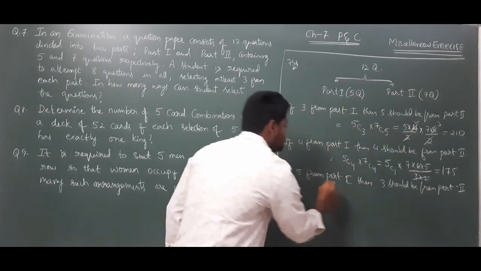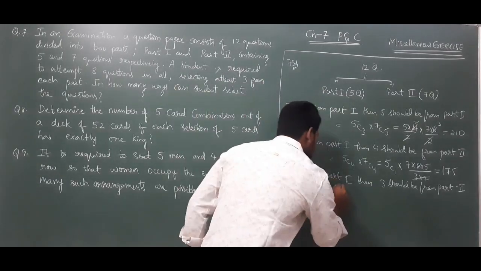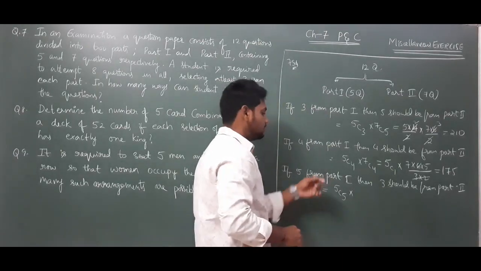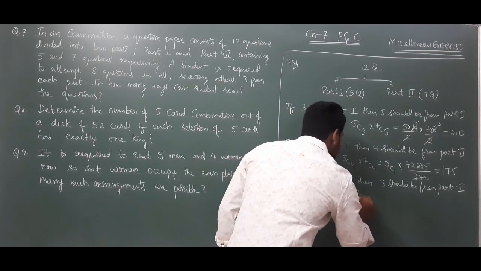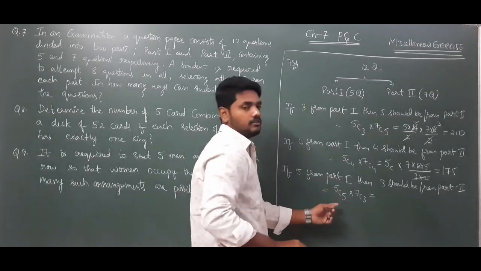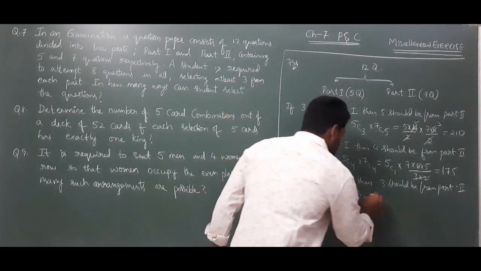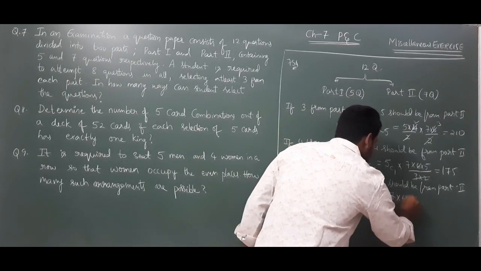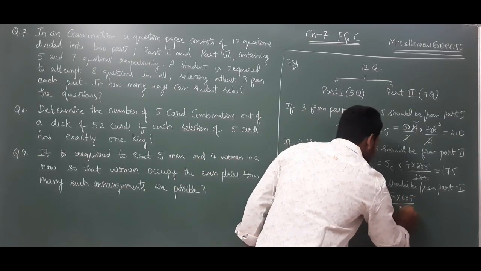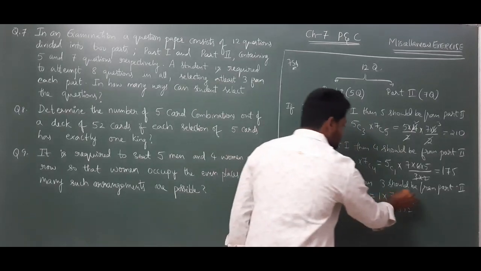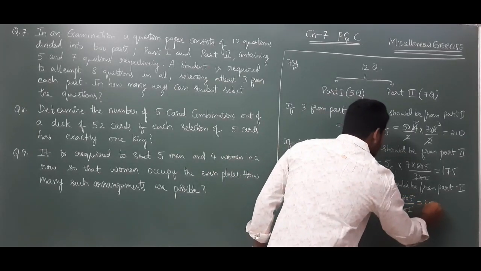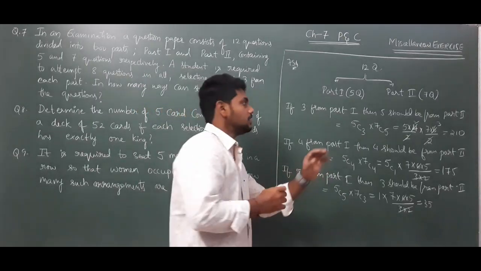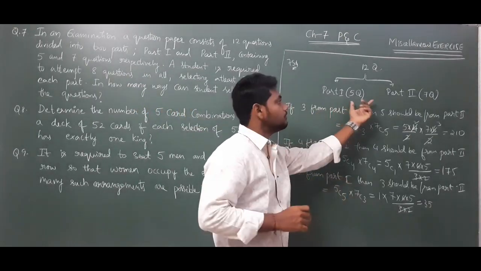The number of ways will be 5C5 into 7C3. 5C5 is equal to 1, so 1 into 7C3, which is 7 into 6 into 5 divided by 3 into 2. 3 twos are 6, cancel, 7 fives are 35.